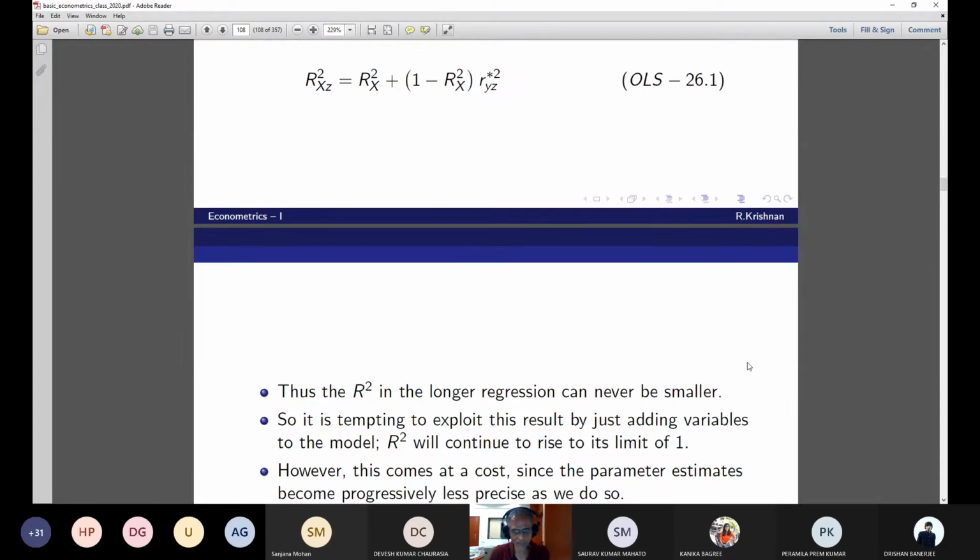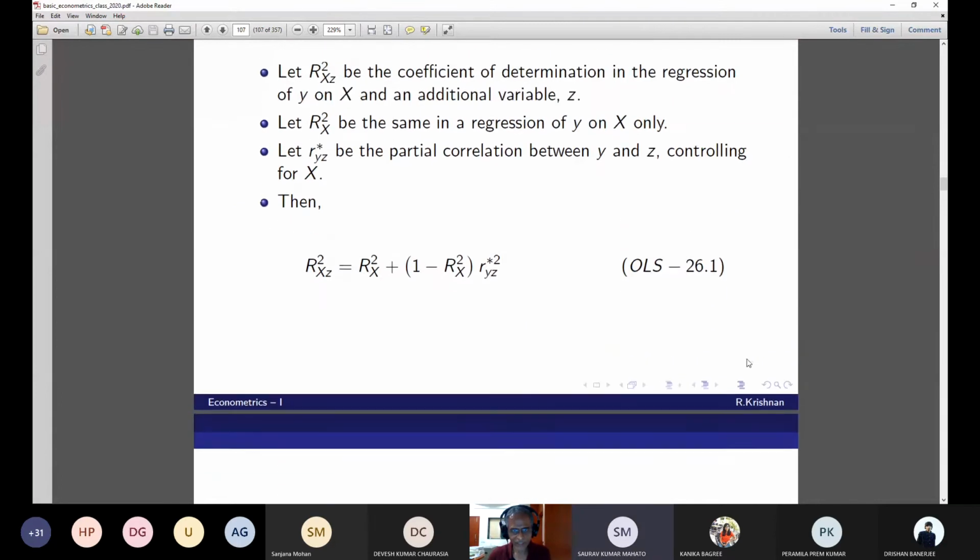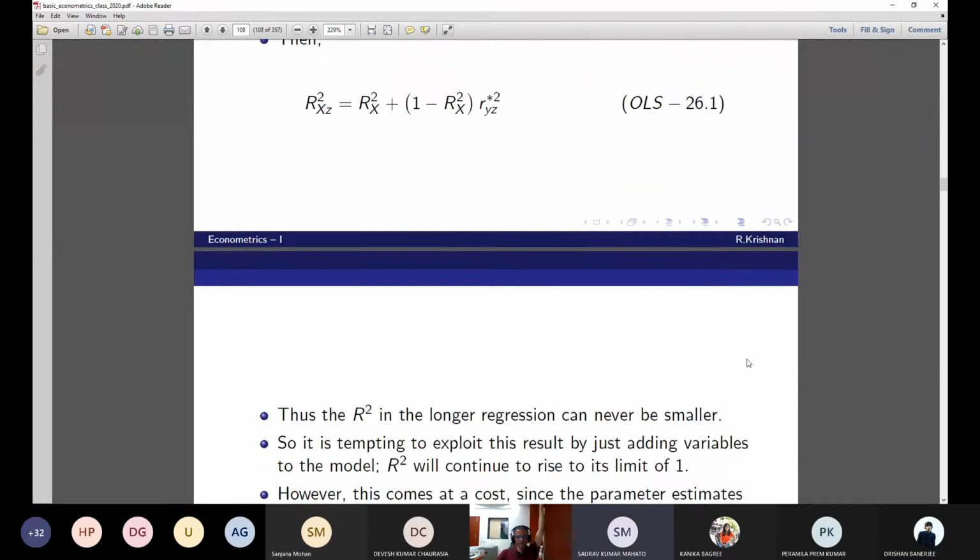Do you get this from 26.1? Sorry, sir, can you repeat that again?